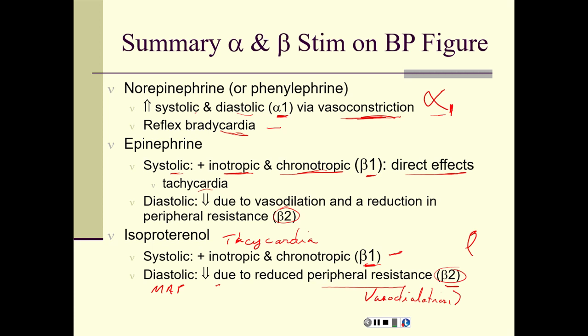And then the beta effect, we see beta receptors, tachycardia, an increase in systolic, an increase in an inotropic effect and a chronotropic effect. Right, heart beats harder, heart beats faster. That's beta-1, and reduced peripheral resistance or vasodilation, beta-2. And those are the take-home messages from here.